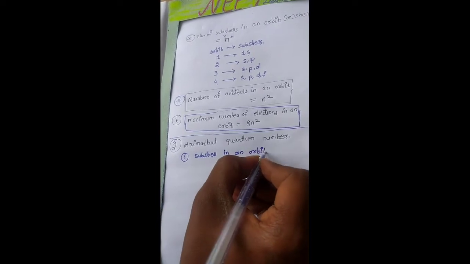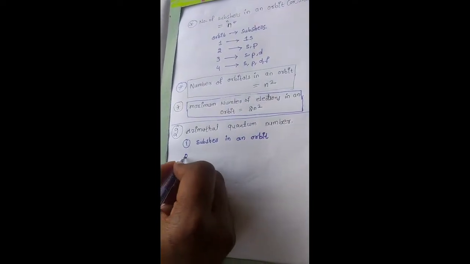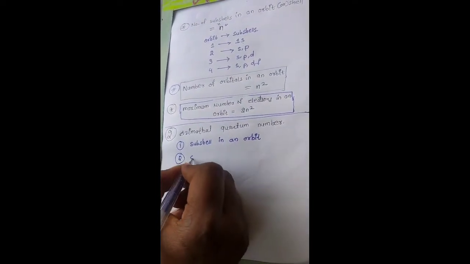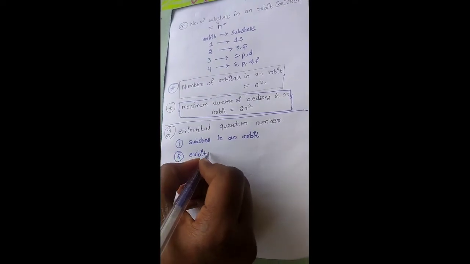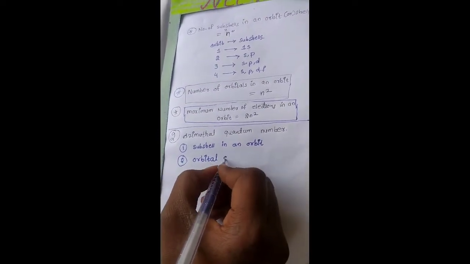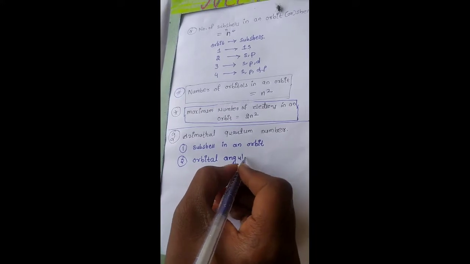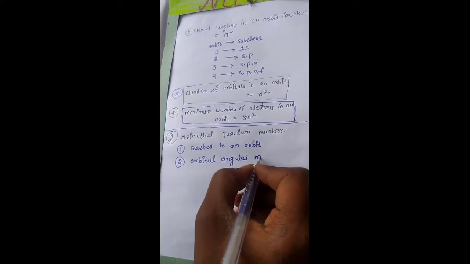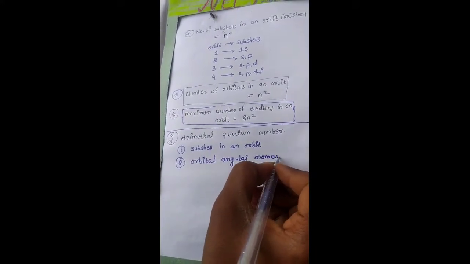And the second thing, it mainly explains the orbital angular momentum. In the orbital, how the electron revolves, what the momentum is, it will explain.